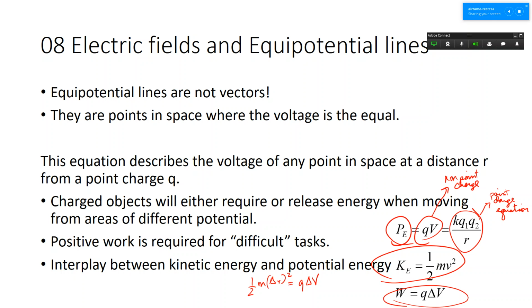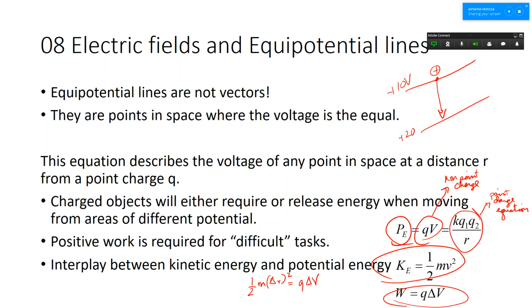If I were to take a proton and move it to an area of higher potential, let's say I have 10 volts here and 20 volts here, and I want to move the proton in this direction. Is that going to require energy, or is that going to release energy? What do you think?